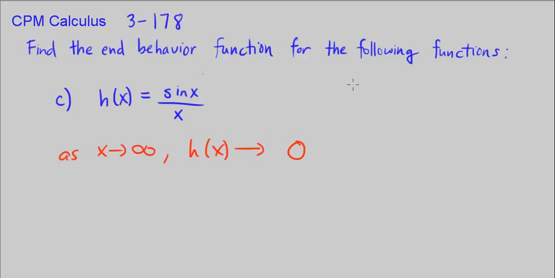So you can even say the function is going to be approaching the x-axis, approaching 0. And so the end behavior function is actually y equals 0, right?